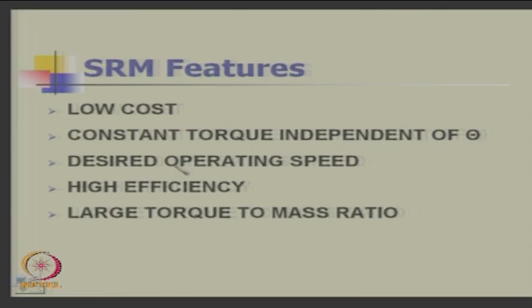You can fix a desired operating speed; you can run at whatever speed you want by adjusting the switching. You can have high efficiency, and it has a large torque to mass ratio. Usually one of the design features is that it must produce maximum torque with minimum mass. So, it is called the torque to weight ratio.